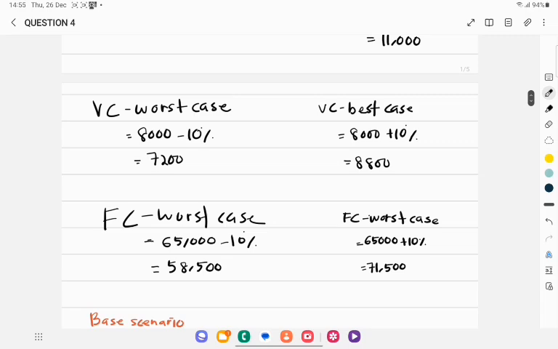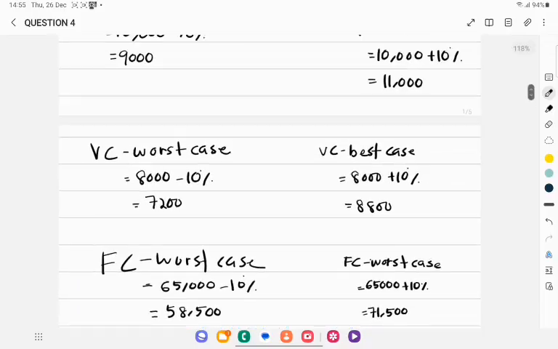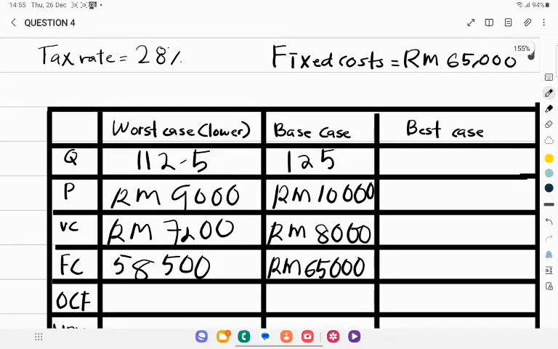And lastly we calculate the fixed cost, which is 65,000 plus 10%, we got 71,500. So we need to fill in that table.